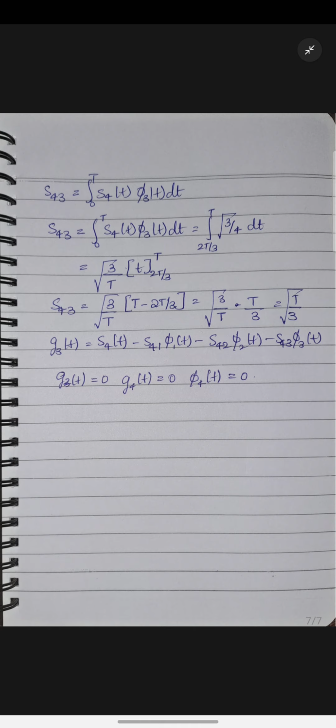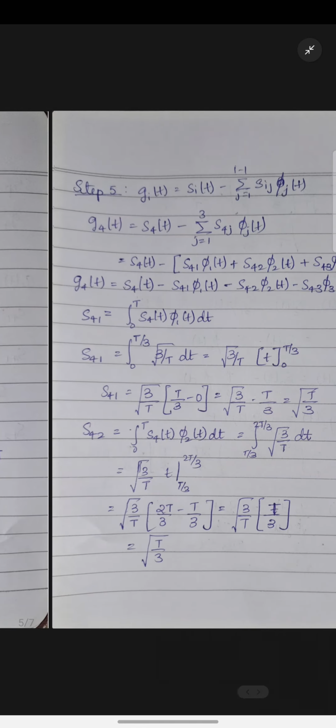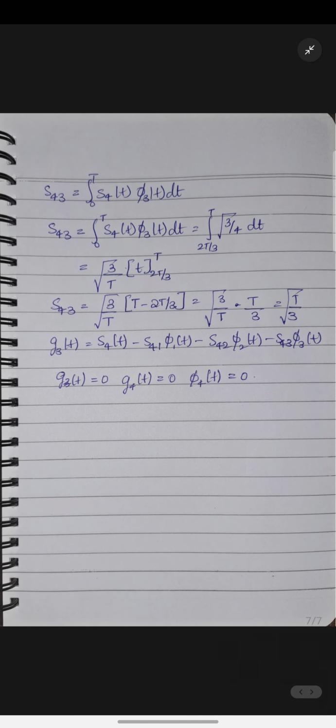We have obtained phi 3 of t here, and the value of phi 3 of t is root of 3 by t. We'll substitute it in s43 is equal to integration 0 to t s4 of t phi 3 of t dt. Here s4 of t is equal to 1, therefore integration of 2t by 3 to t root of 3 by t dt will be the answer, which we get as root of t by 3.